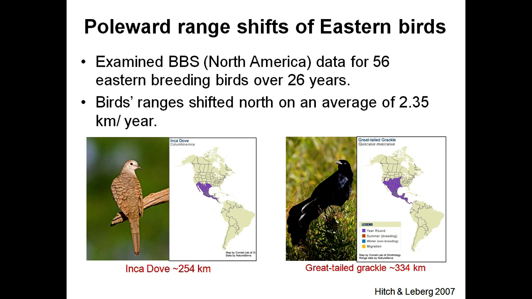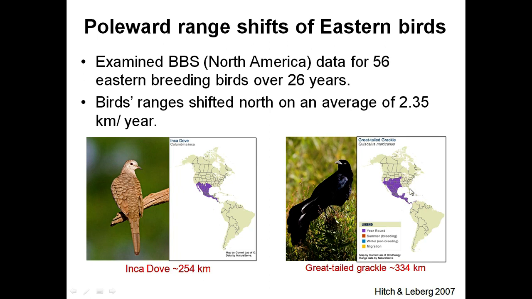And in some extreme cases like the Inca dove, which is strictly a southern species, as you can see in this map, on average they shifted 254 kilometers north.